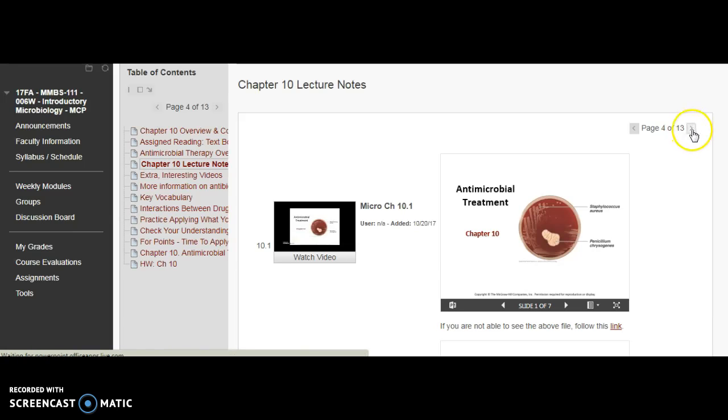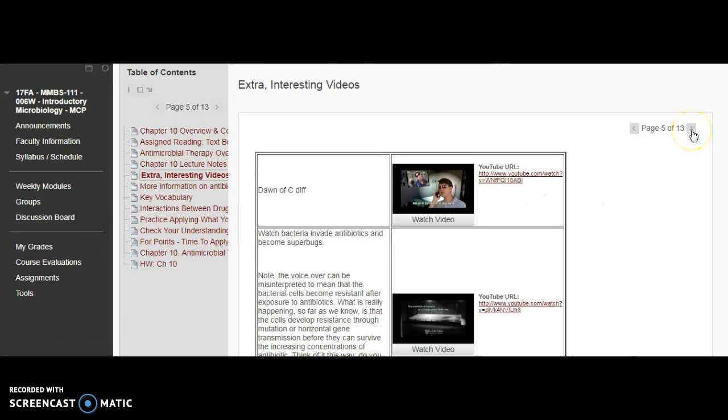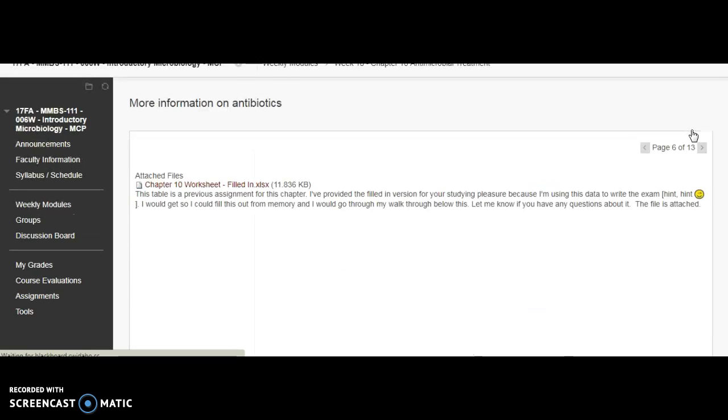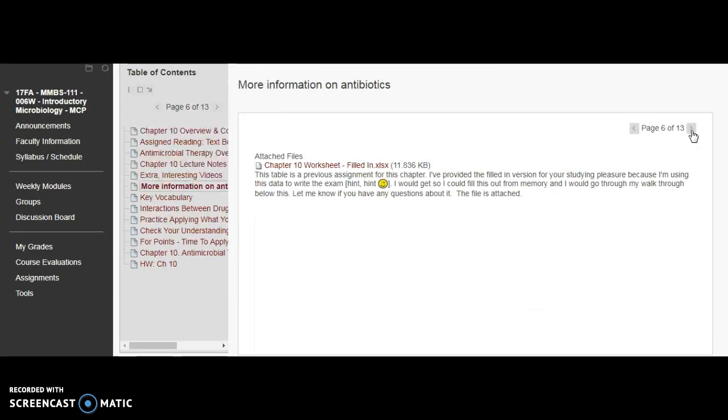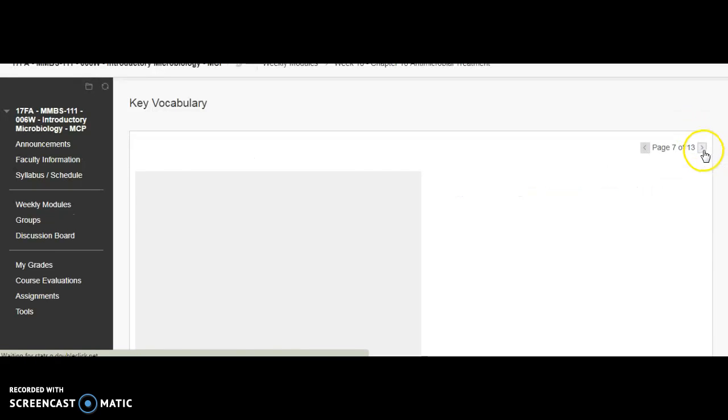Some extra videos. And then this is another sheet that you need to be able to print. Just fill out or download this file, looking at how the different drugs affect bacteria cells or where they target.